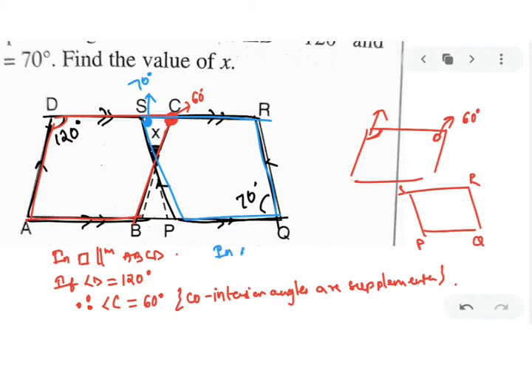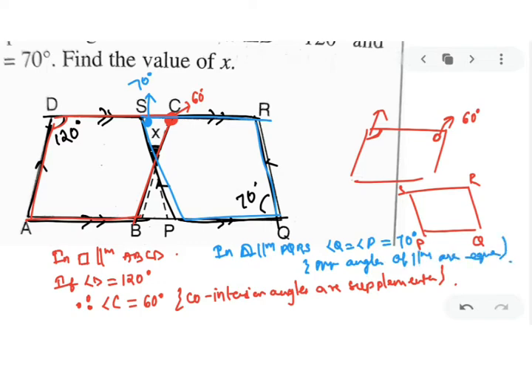So I will write next step, in parallelogram PQRS, angle Q is equal to angle S is equal to 70 degree, because opposite angles of parallelogram are equal. Once you get that equal, I'll mark this point as M.